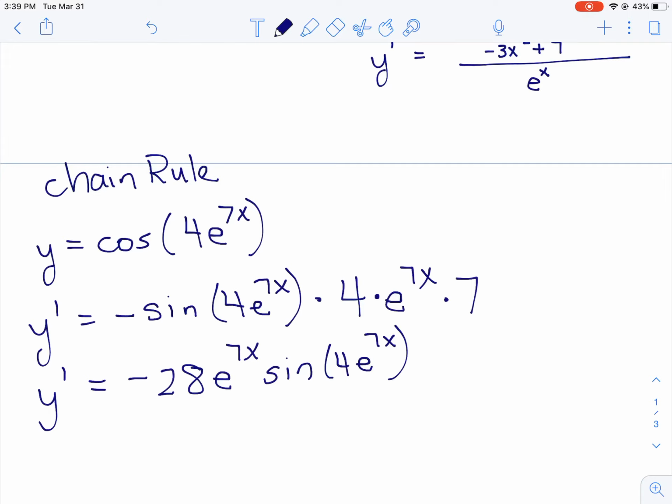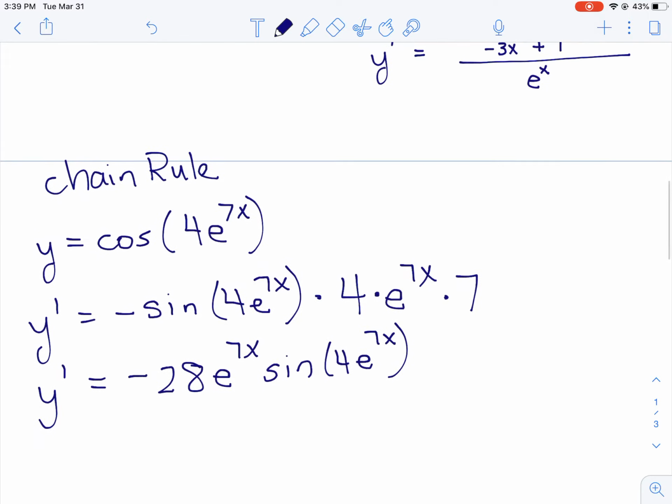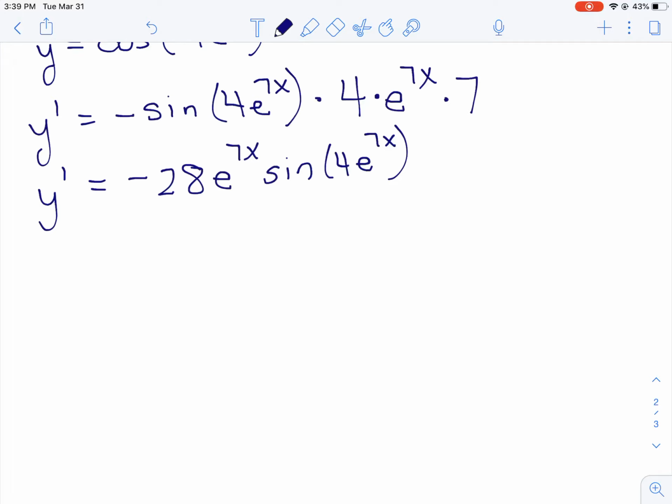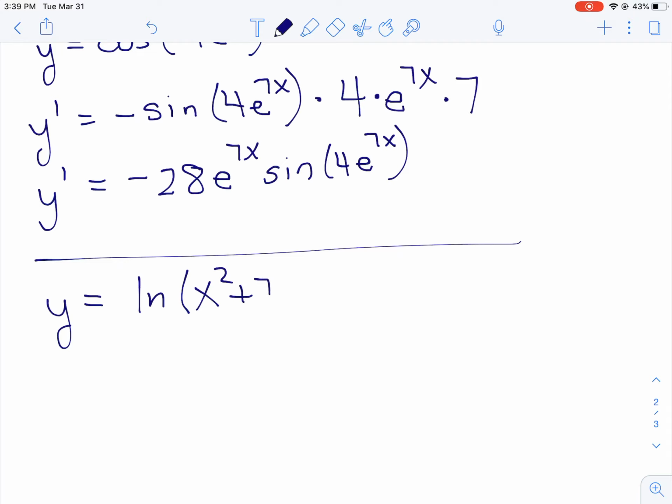All right. So the last chain rule example I have is y equals the ln of x squared plus 7x plus 8. All right, so the derivative of ln of x is 1 over x.